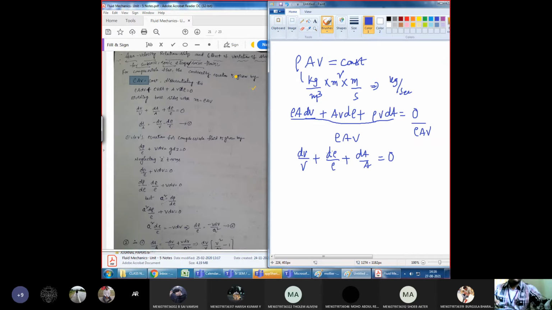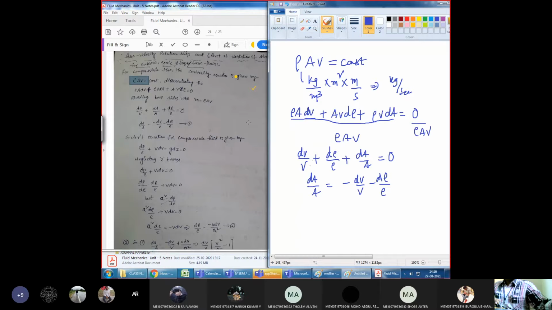From this I can write dA by A is equal to minus dV by V minus d rho by rho.